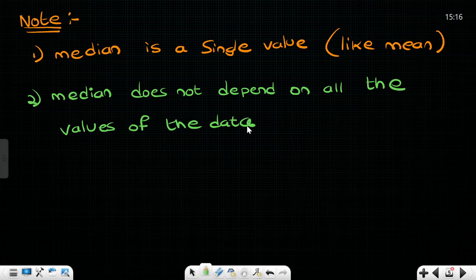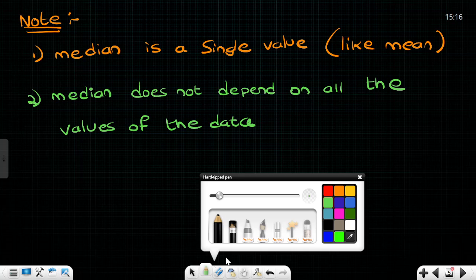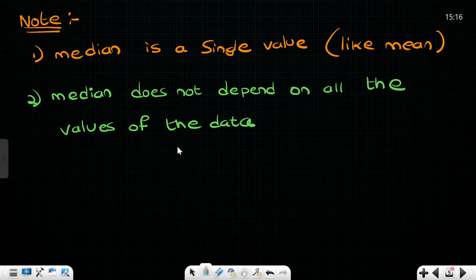It will not get affected. For example, 2, 3, 4, 5, 6: what is the median for this data? The median is equal to 4.